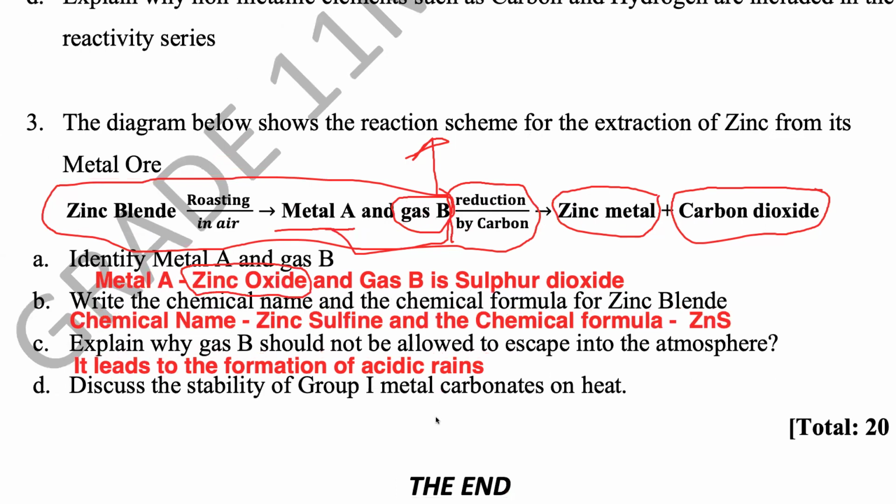Okay. Discuss the stability of group 1 metal carbonates on heat. What did you say and what is it that you have in your mind? I said group 1 elements, e.g. lithium and sodium, are highly reactive when exposed to heat.